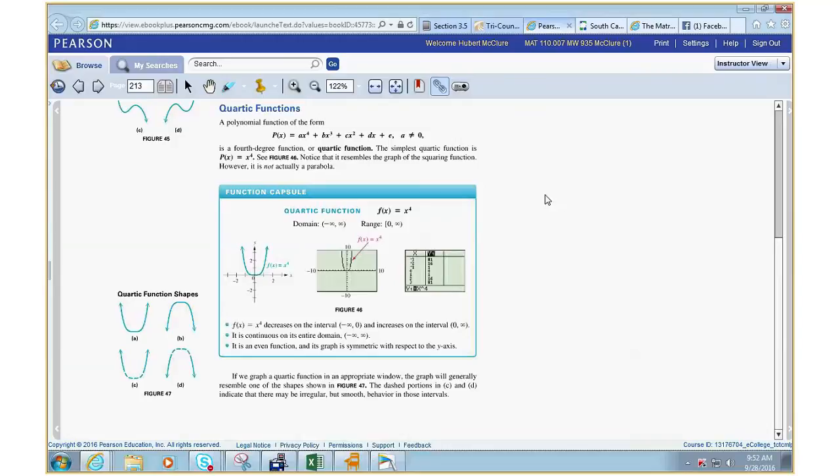Now, as I've told you before, the quadratics and the quartic functions, which means x to the second power, x to the fourth power, x to the sixth power, x to the eighth power, all the even functions are going to look like a what? A parabola. But what will happen as the degree gets bigger, the bottom will start to what?